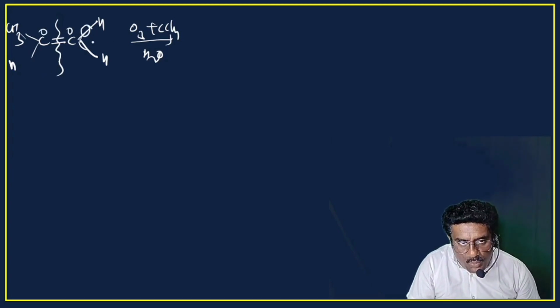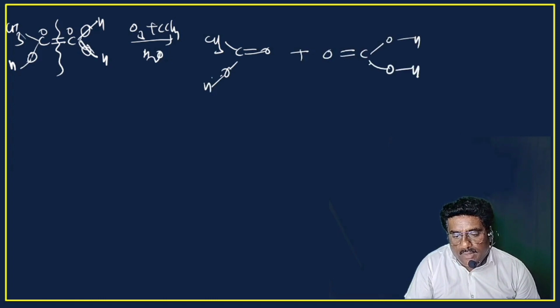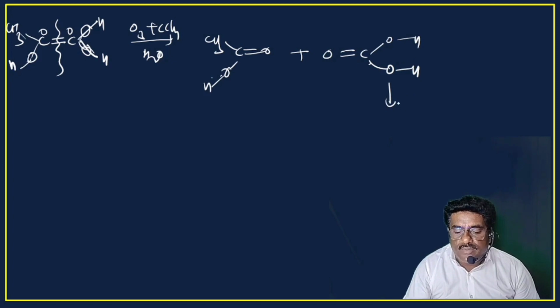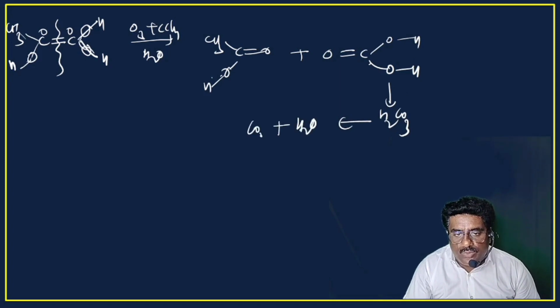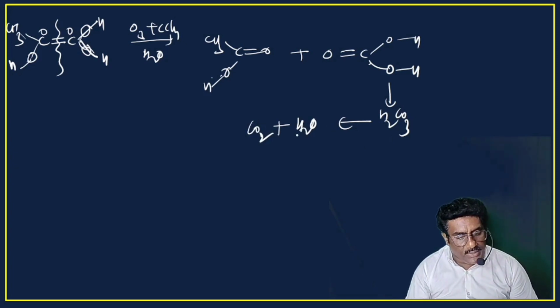Instead of H we can write OH. Writing the product: CH3-C(=O)-OH and HO-C(=O)-OH. Again it is heated. It forms H2CO3, which converts to H2O plus CO2.